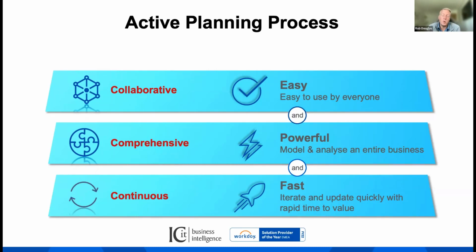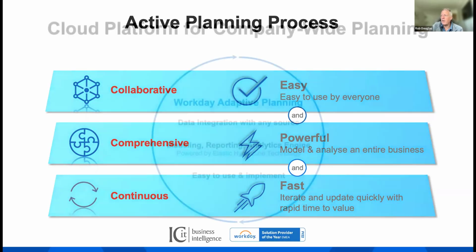You want to be able to do that quickly without the need to having to build up lots of programming skills or write code as such. You need a tool which is easy to use. Now, if you've got these three things, these collaborative, comprehensive, continuous process, which is delivered by an easy, powerful and fast tool, then you've got an agile planning process. And that's what we'll be showing you a little bit more today with Workday Adaptive Planning.